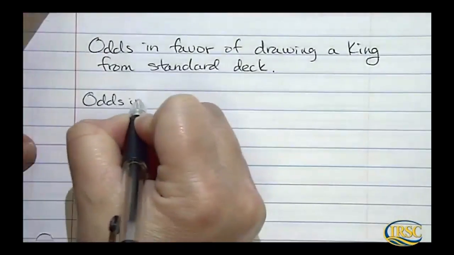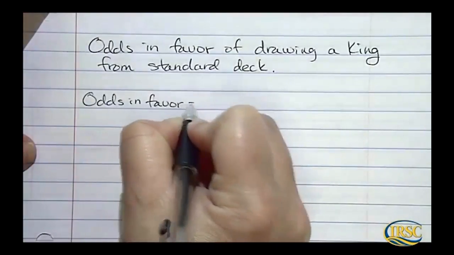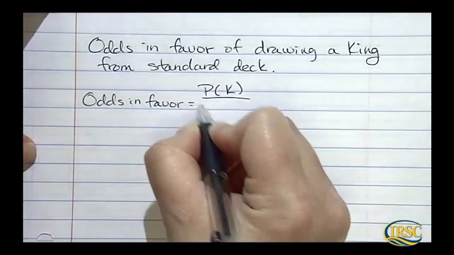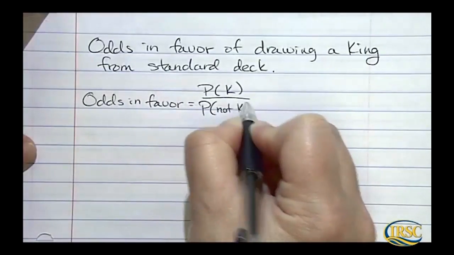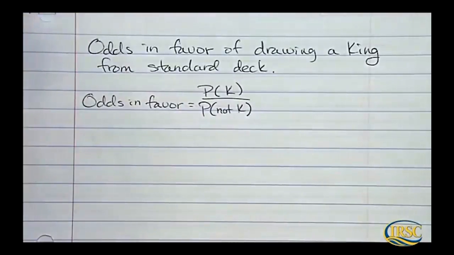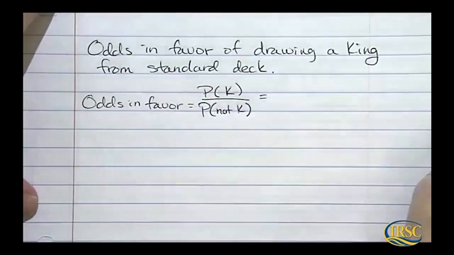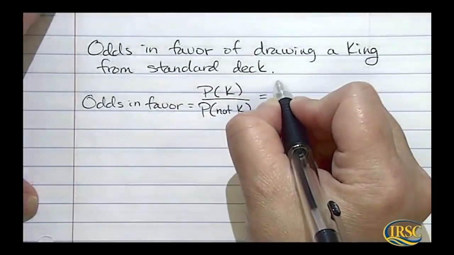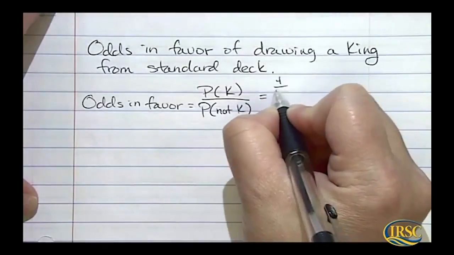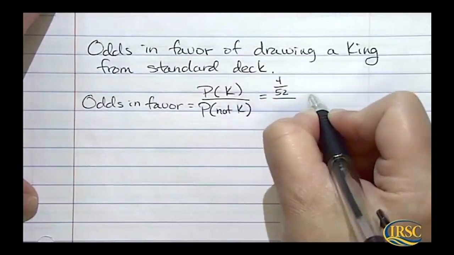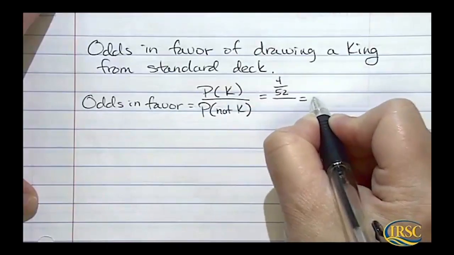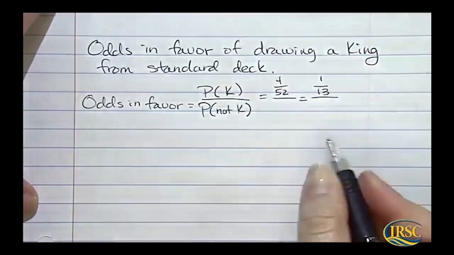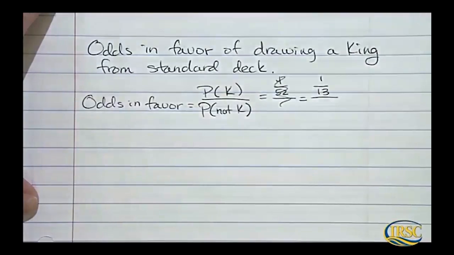The odds in favor, remember our formula, is the probability of a king over the probability of not getting a king. So what is the probability of getting a king? 4 out of 52, or you can reduce that to 1 out of 13. We'll use the reduced answer.